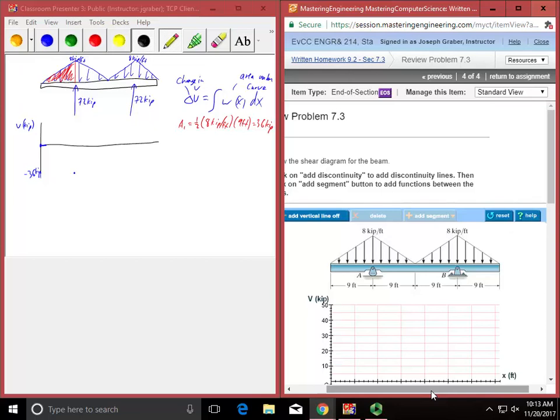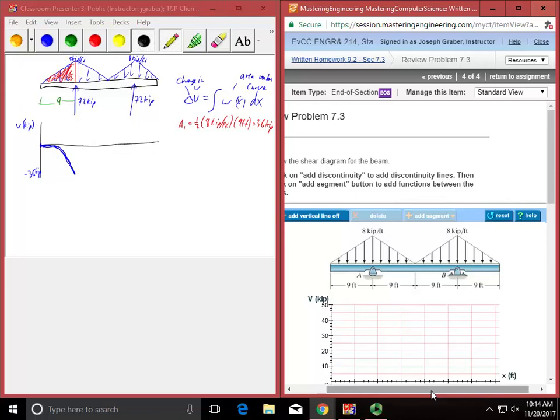Then when I get to 9, where 9 is this distance here, what's my slope? Negative 8. Very good. My slope would be negative 8, so it looks like something like that. So then I connect those two slopes, and I know I'm going to have a concave down parabola. Does that make sense?